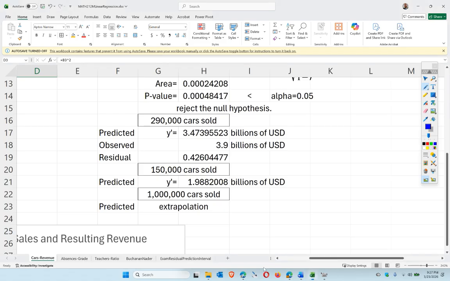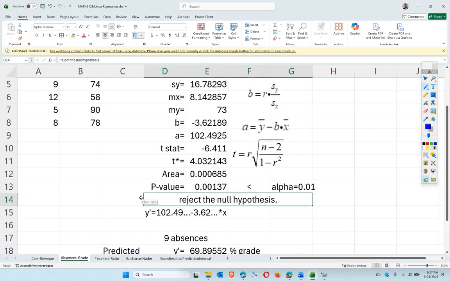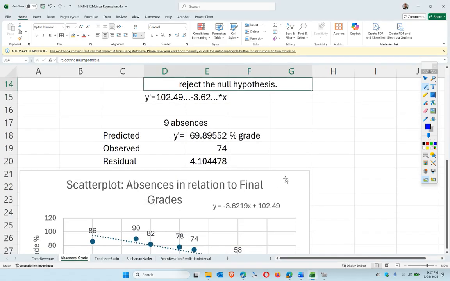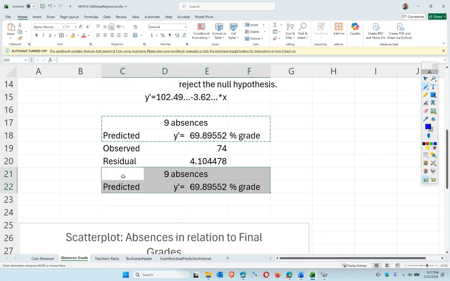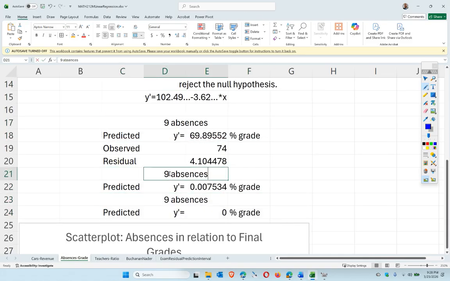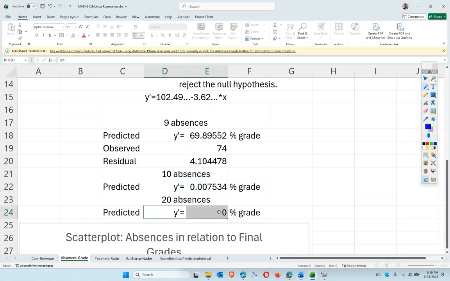Well, if I look at the data, I can do 10 absences. Copy, paste, paste. I can put 10 absences here and 20 absences here, and I can delete this and put those together, and here I can just say extrapolation, right?